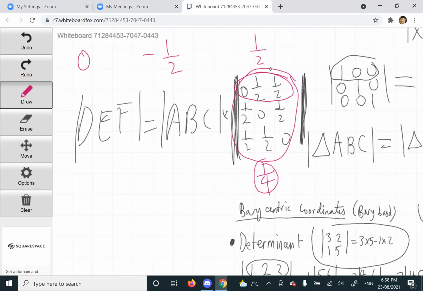And then the values here: 0, 0, half, half, half, half, 0. Can someone tell me what goes here?